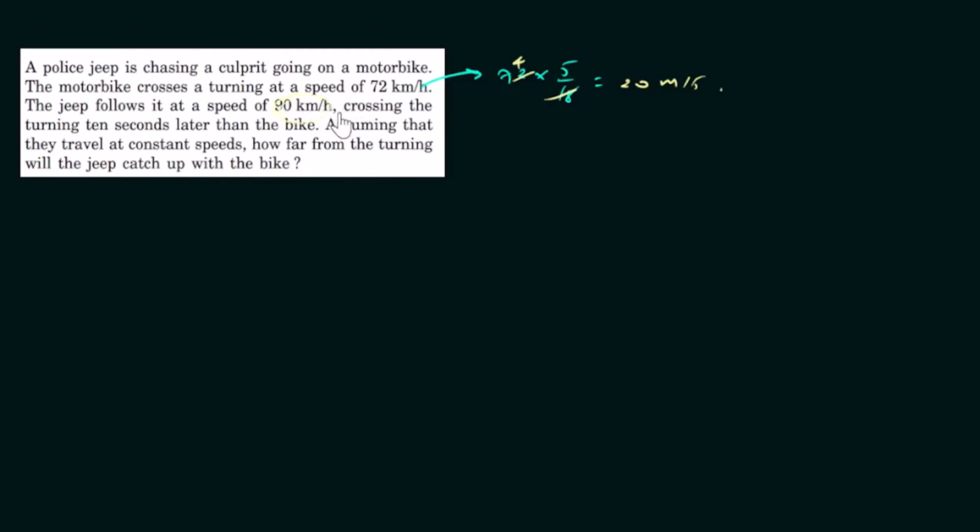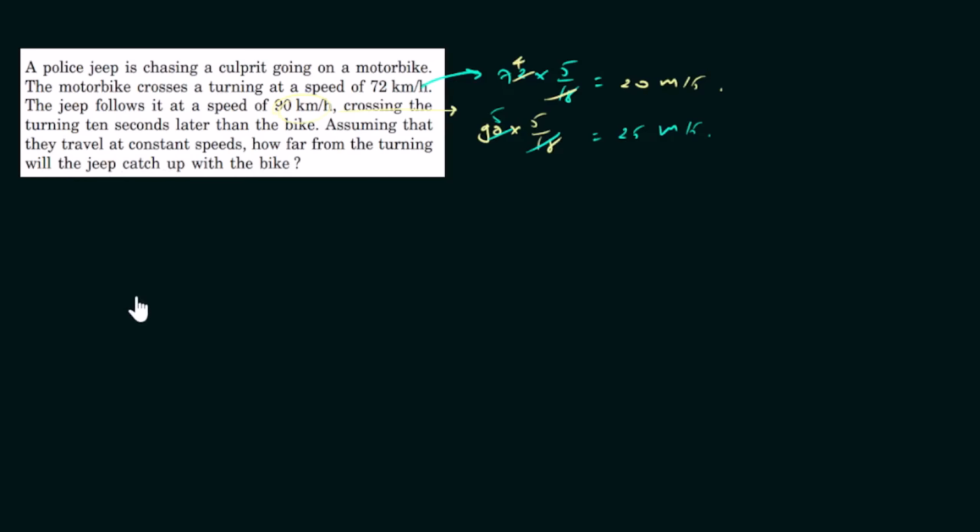The jeep crosses at 90 km per hour, so 90 into 5 upon 18: 18 fives are 90, 5 fives are 25 meter per second. The jeep crosses the turning 10 seconds later than the bike, assuming they travel at constant speeds. How far from the turning will the jeep catch up with the bike?